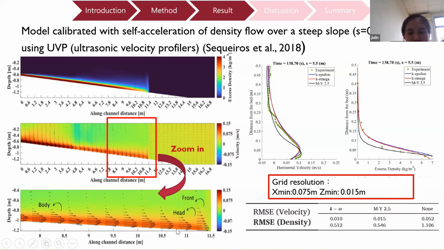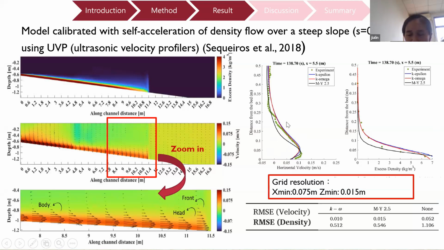By detailed comparison of the experimental data and our numerical data, we can see the structure of front, head, and body in our numerical result, and also the location, horizontal velocity, and density can be nicely simulated by our numerical model runs.